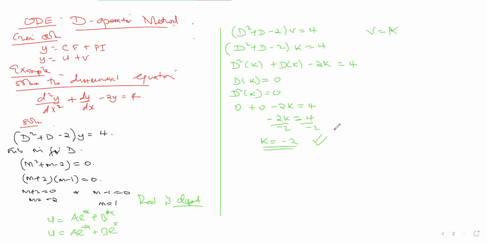So your general function is y equals u plus v. We have our u here, which is A e^(-2x) plus B e^x, then plus v. What is our v? Negative 2. And that one is your general solution.